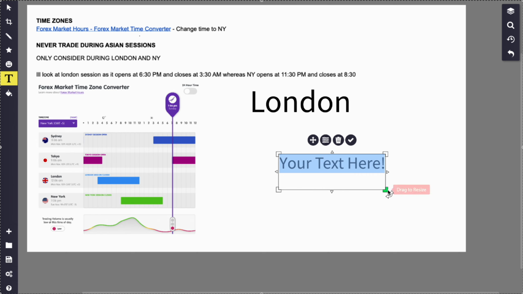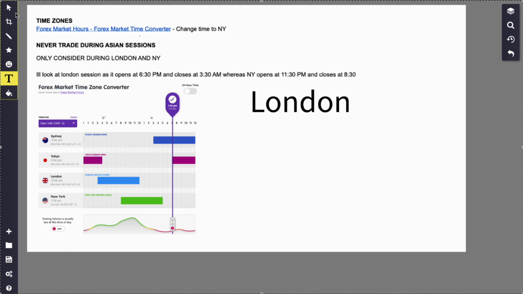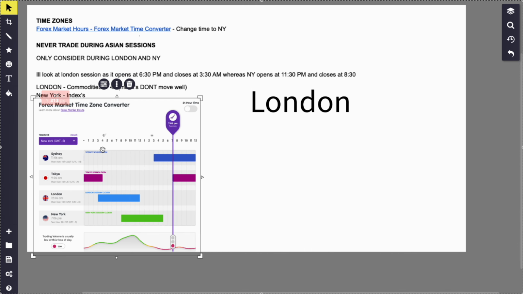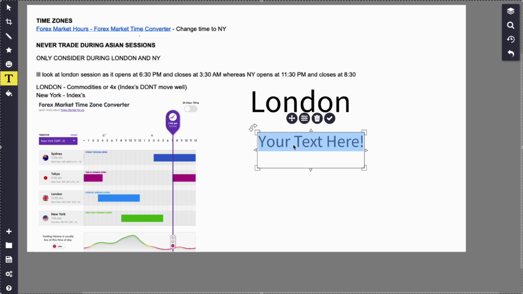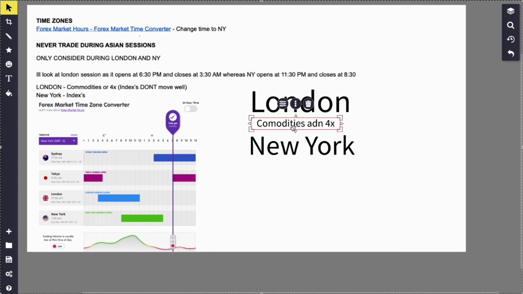London time zones, you want to be trading commodities, okay? Commodities and Forex. Then the next big one, I'm not good at typing though, I can tell you that much. Hopefully this trading stuff works out. And then indexes on New York.